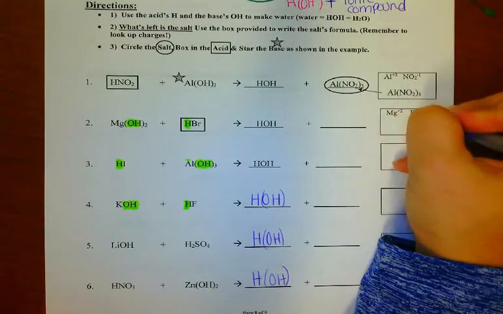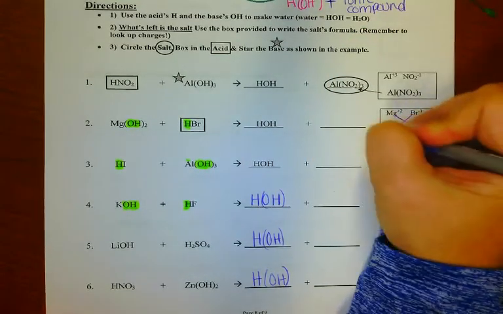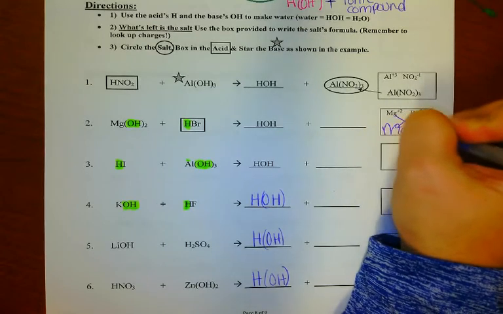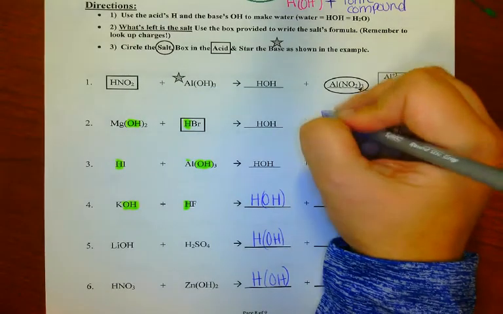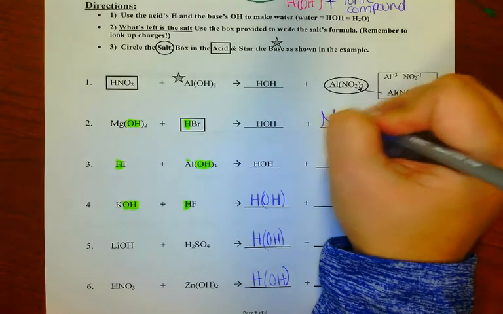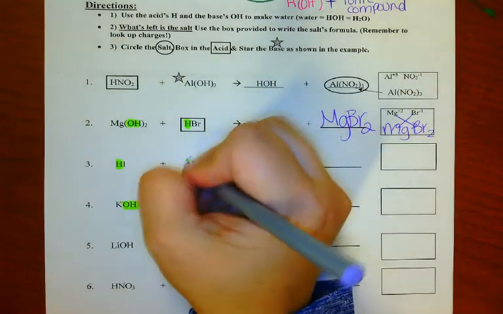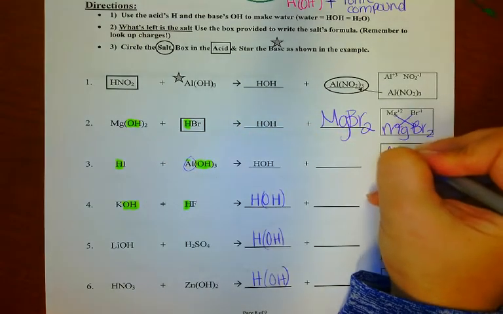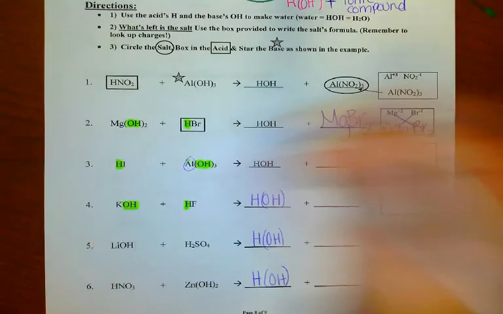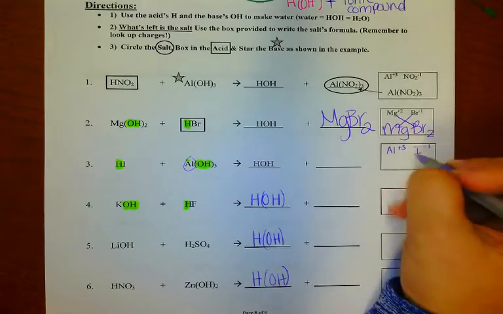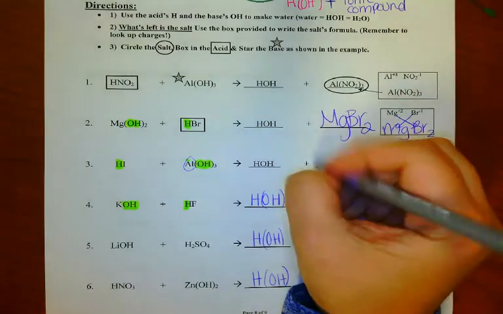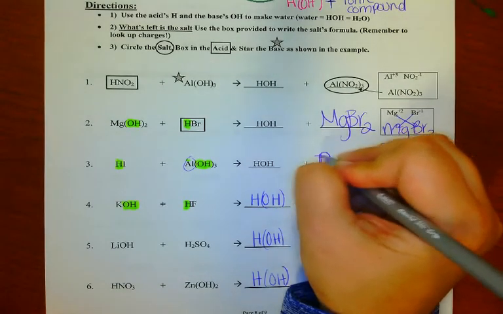So for here you've got magnesium and bromine, which will be MgBr2. That's what you'll write here. So for each problem, you'll take the Al, the positive 3, the I with a negative 1 here, crisscross, and you have AlI3.